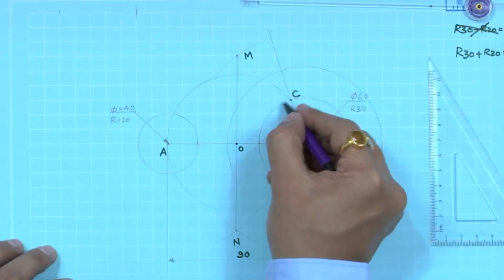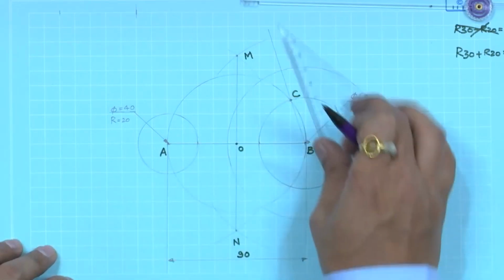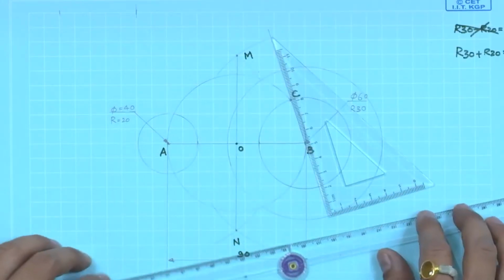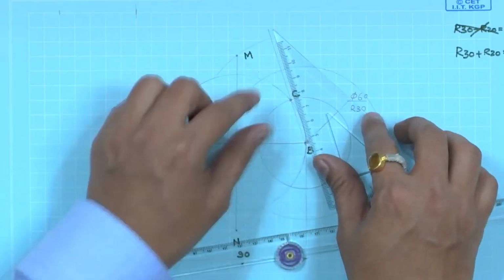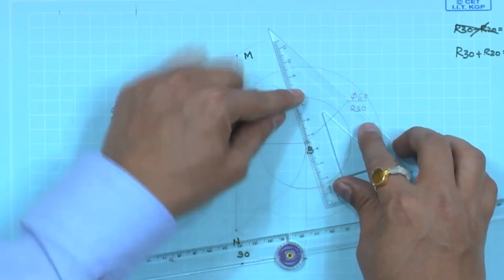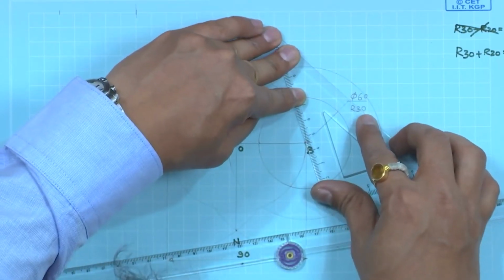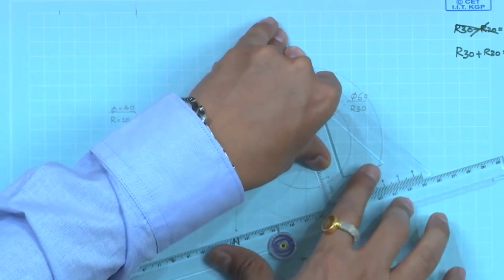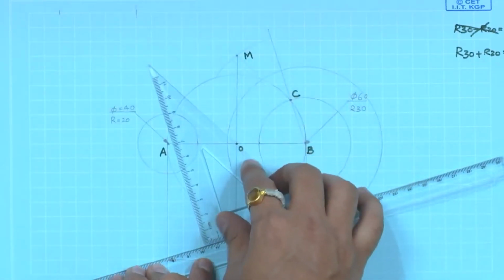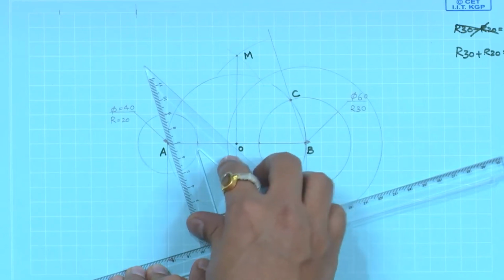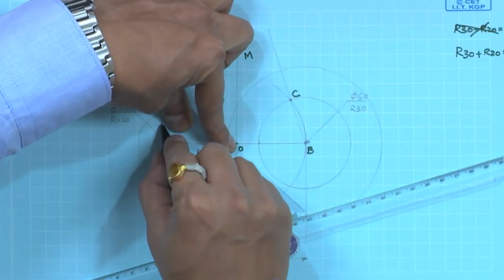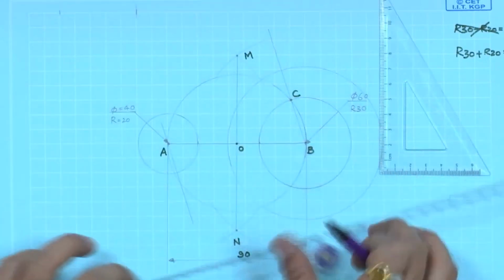So, this is the point through which we have to draw the tangent, but first of all we have constructed the normal. One more normal we have to construct in line with this. This is the scale and normal which is passing through point A. Construct this point.